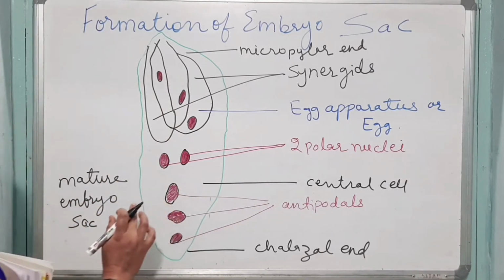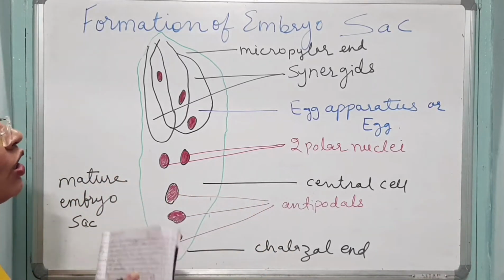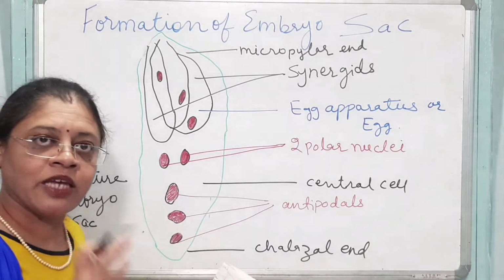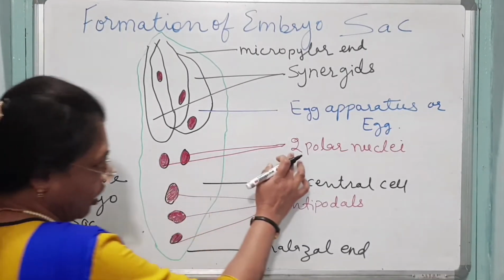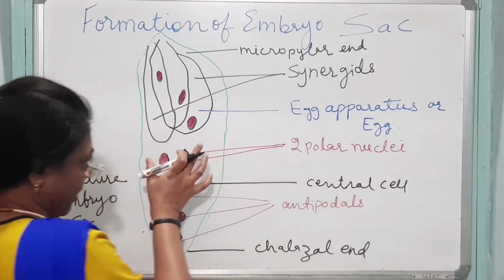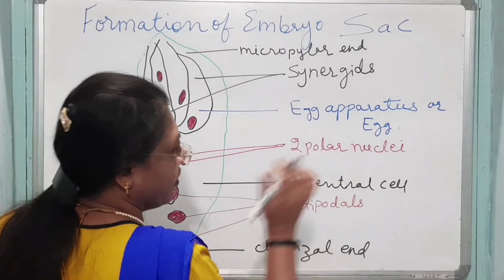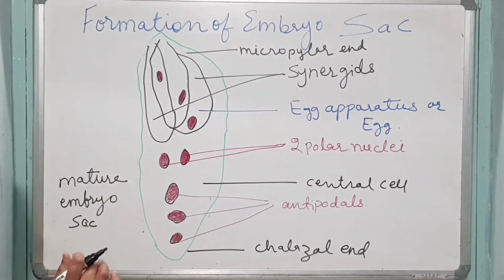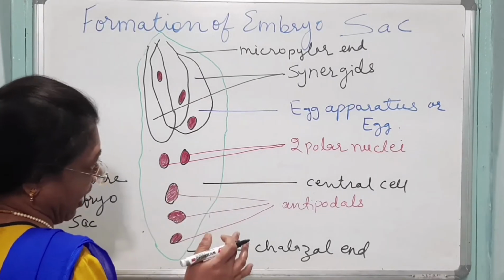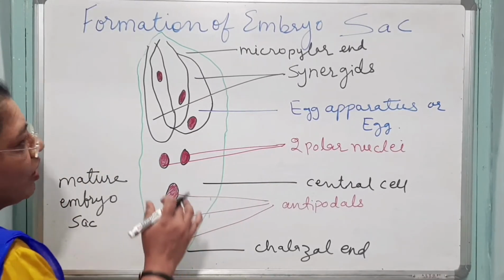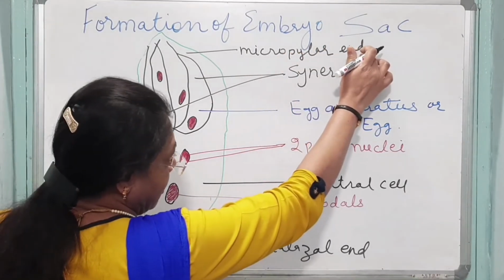Again I am telling, out of the 8 nuclei, 6 are surrounded by the cell wall and 2 are without cell wall. They are called polar nuclei, which are at the center of the embryo sac inside the central cell. Out of the 6 nuclei which have cell wall, 3 travel up to the micropylar region.